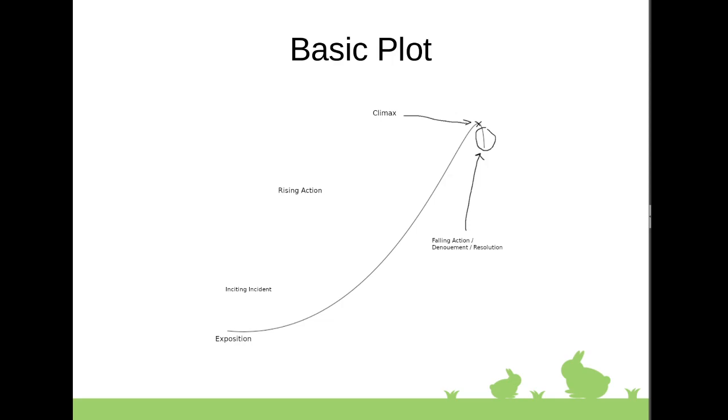This is when tension dissipates after that climax, where the reader gets to learn what the character or characters' lives are going to be like after that part of the story. We might not get all of the answers that we're looking for. We probably won't get a happily ever after, for instance, but things are resolved and we get an idea of what their lives will be like moving forward.